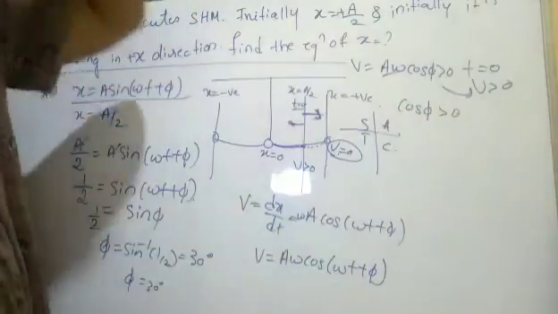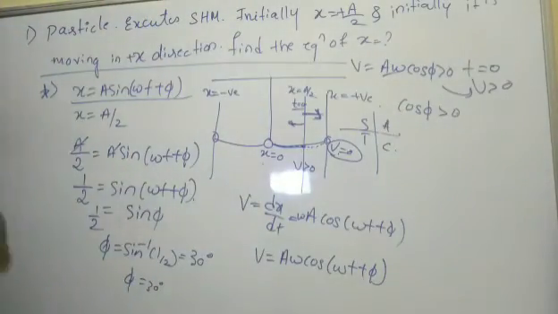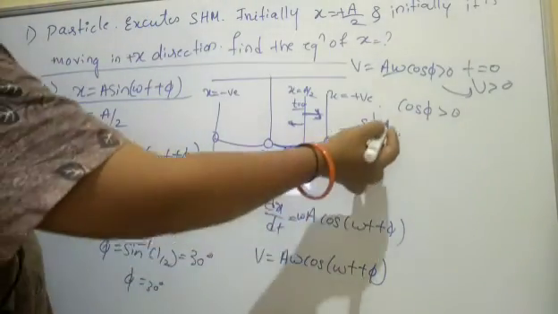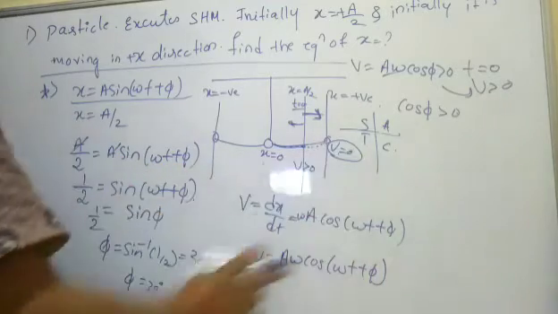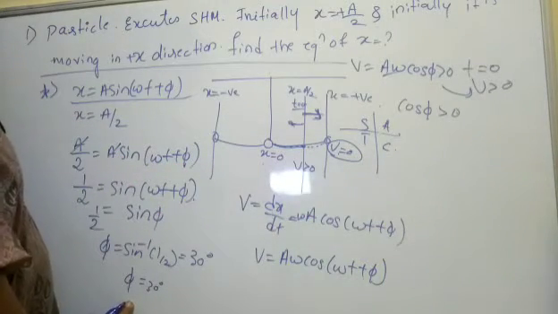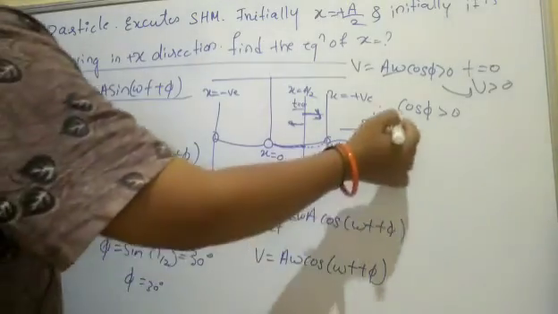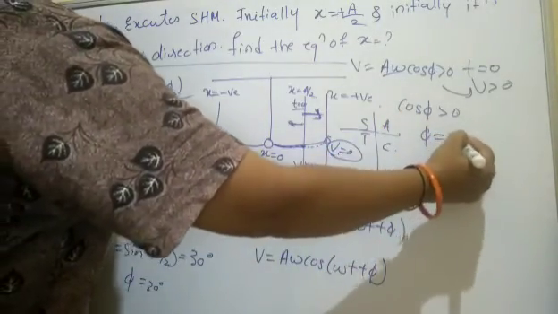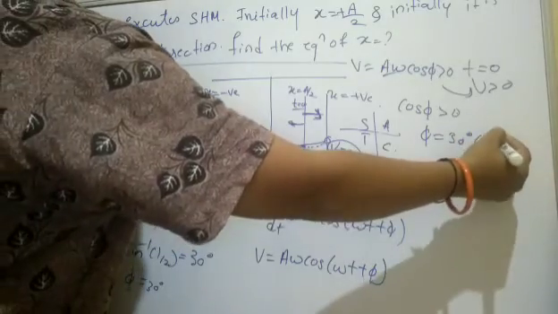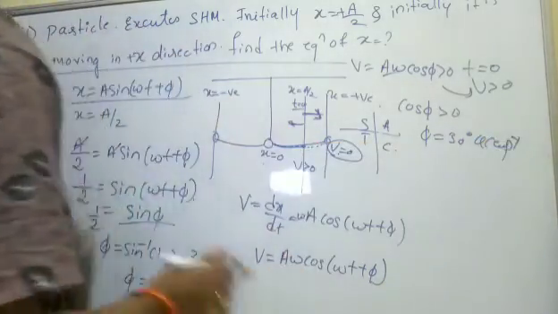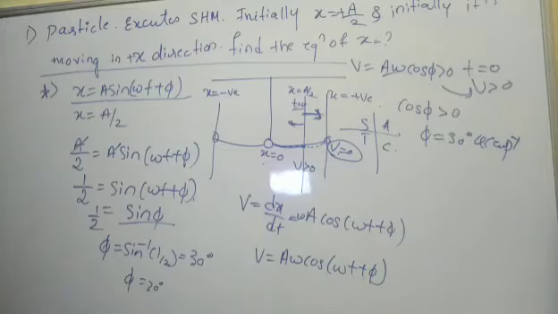Then cos is always positive in the first quadrant and the last quadrant, but in the last quadrant sine is not positive. That's why phi 30 degree is accepted for velocity as well as displacement here.